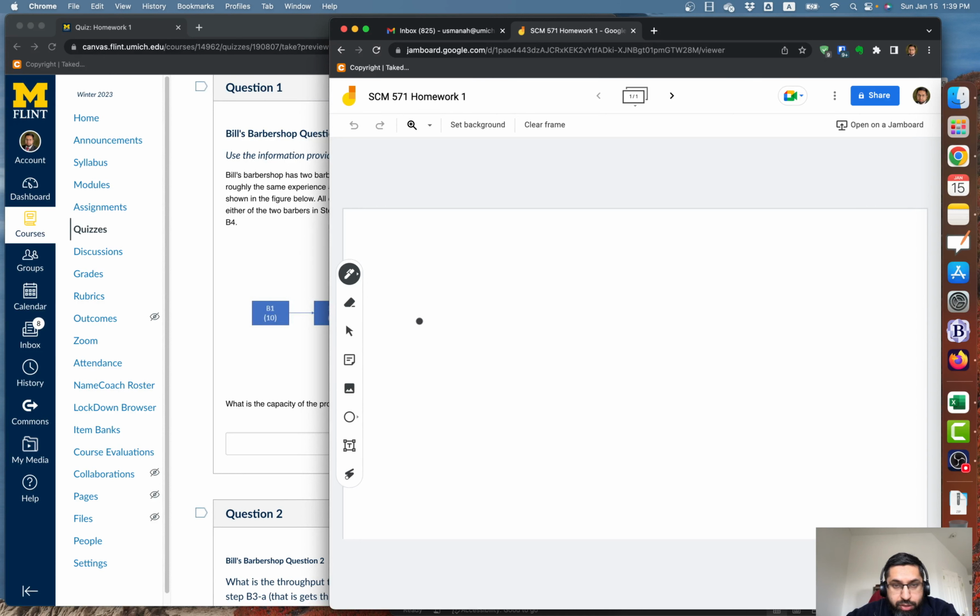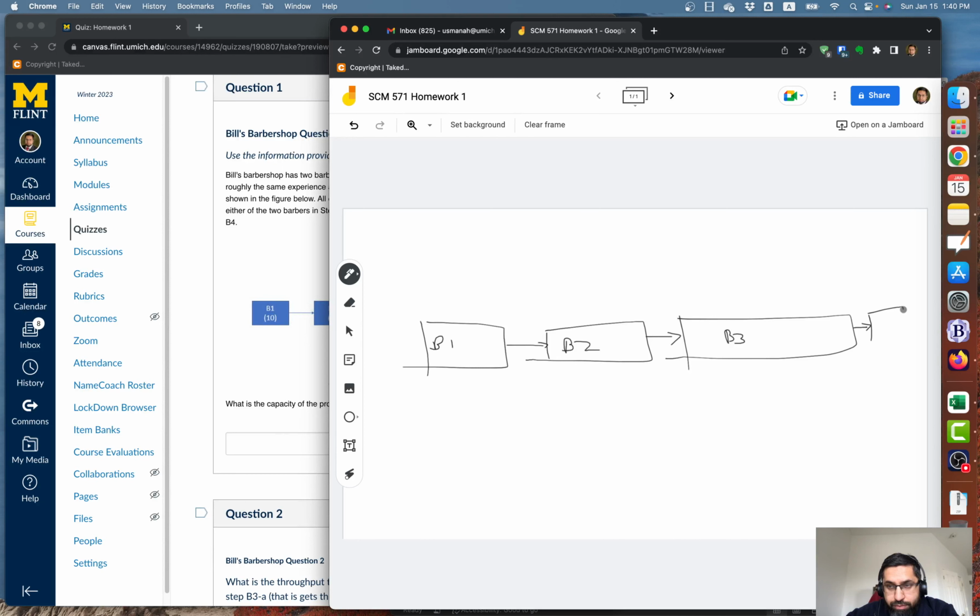You would have B1 that goes to B2, that would just go to B3 because you have just one worker there, not two, and that would just go to B4. So a simple linear process.